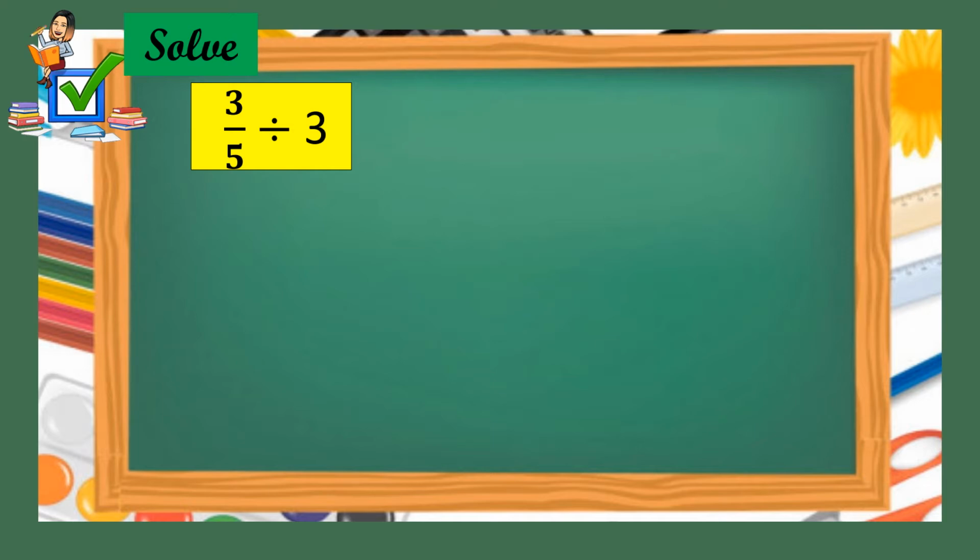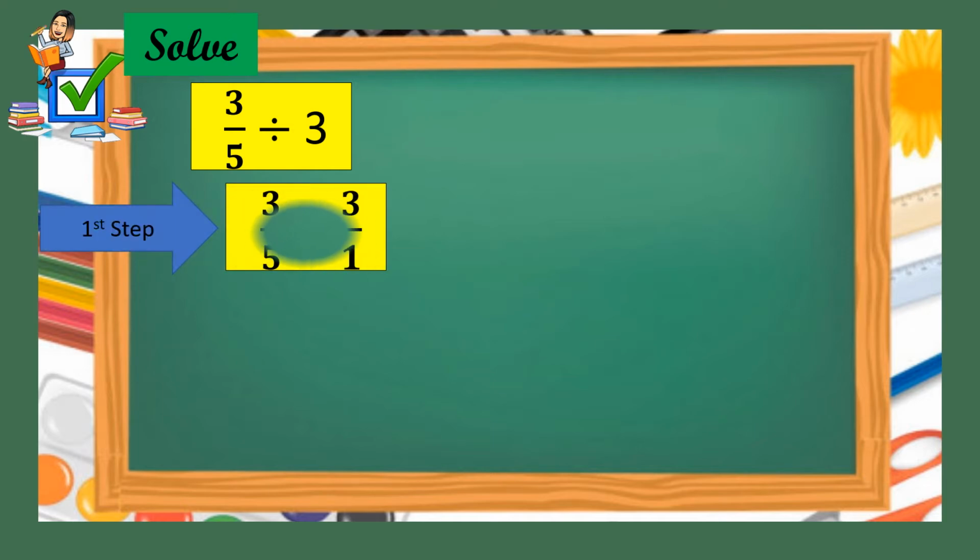Our first step: 3/5 divided by 3/1. Since 3 is a whole number, we add 1 as the denominator, so it will become 3/1.